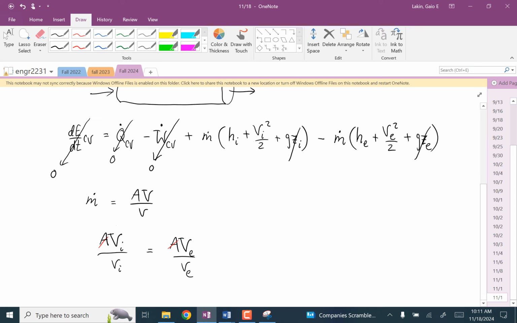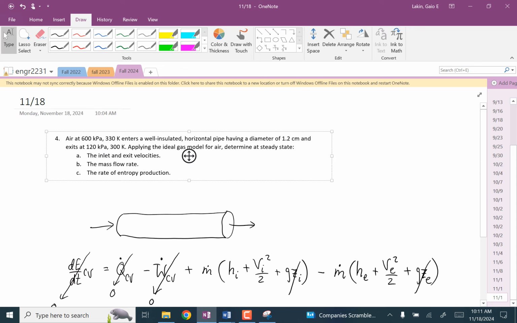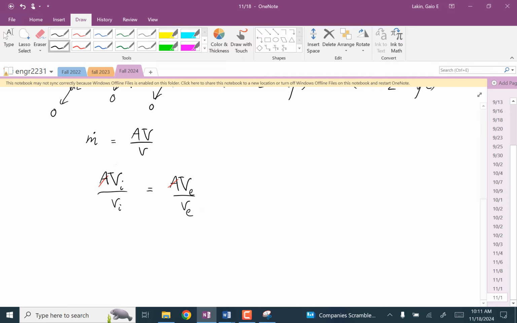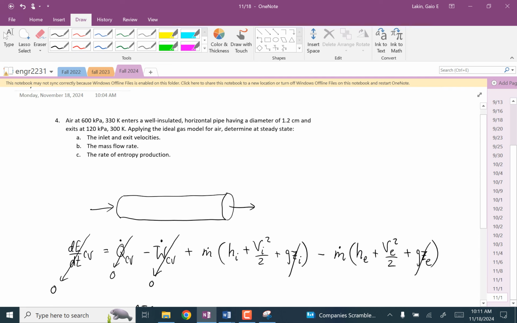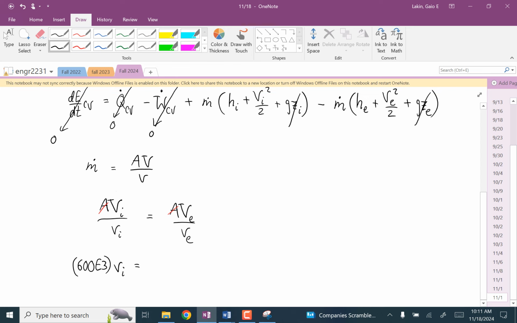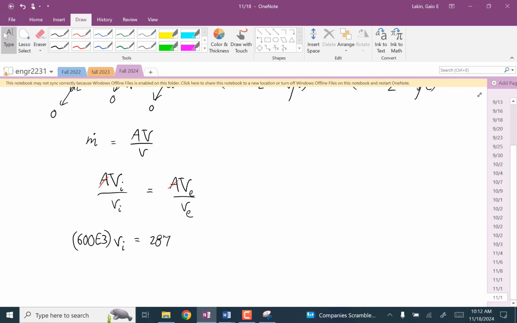Okay, so yeah, the ideal gas law says 600 kilopascals times little v inlet is equal to 287 times 330.